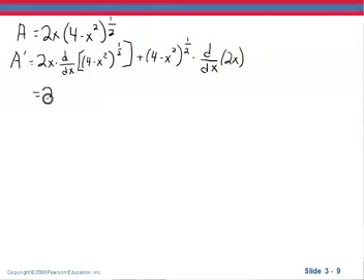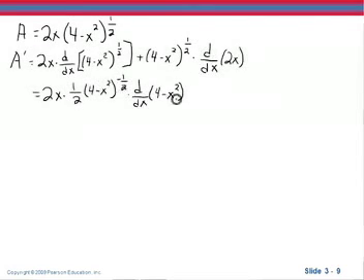Okay, so here we will have 2x times 1/2 times 4 minus x squared to the 1/2 minus 1, which is negative 1/2. But remember, this is a chain rule, so we'll also have to multiply by the derivative of 4 minus x squared. Plus, we'll have 4 minus x squared to the 1/2 times the derivative of 2x, which is 2.